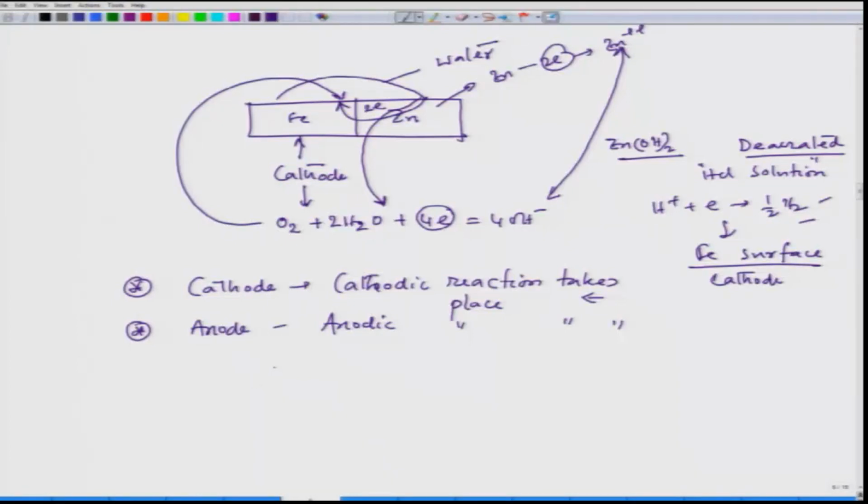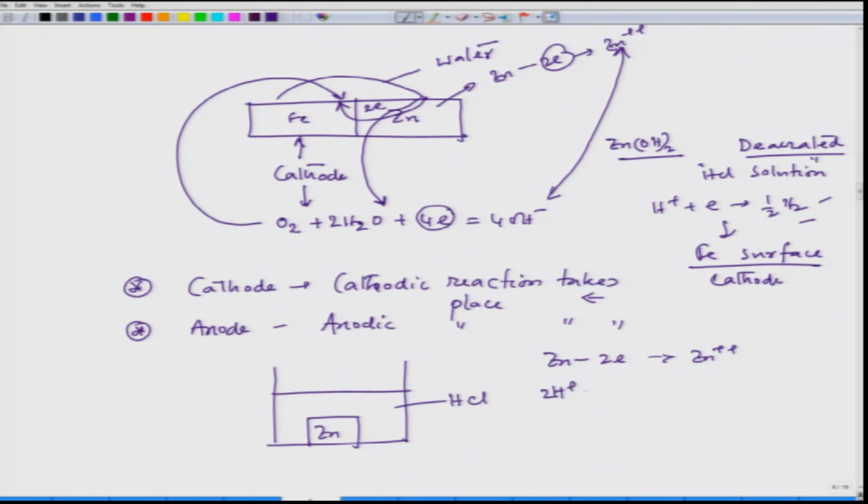Now, a classic example: let us say we have a zinc block in a solution. If it contains HCl, the cathodic and anodic reactions would be Zn going to Zn2+ and 2H+ going to H2.